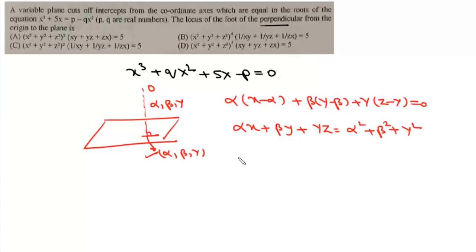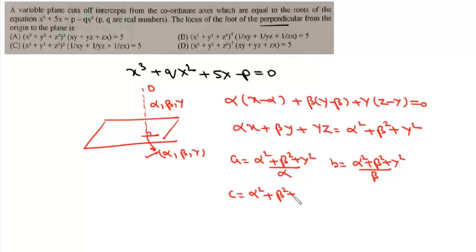Now in this case, the intercepts will be: A is alpha square plus beta square plus gamma square upon alpha, B is alpha square plus beta square plus gamma square upon beta, and C is alpha square plus beta square plus gamma square upon gamma. Now in the question it says these A, B, C are roots of this equation.